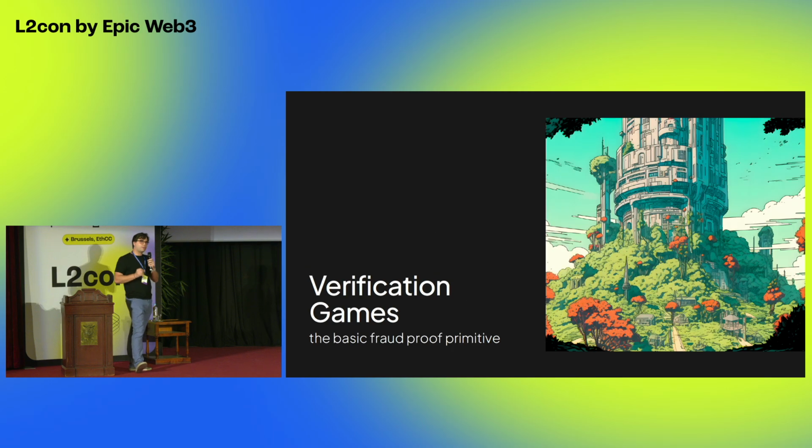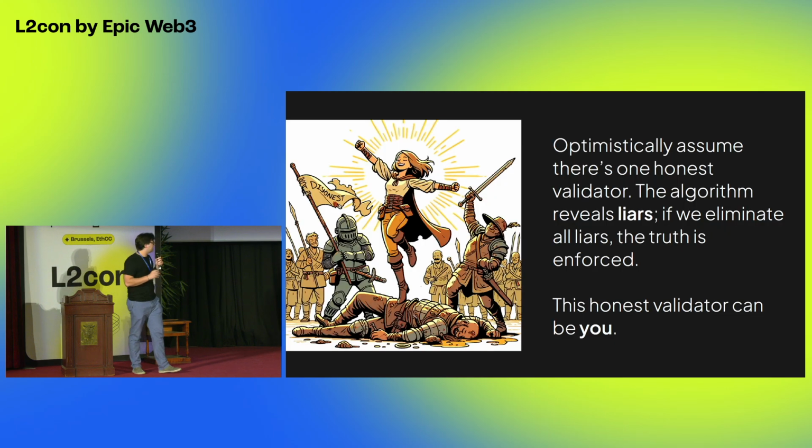So let's talk about the essential primitive, exactly how fraud proofs work. And if you learn anything today, learn this: fraud proofs don't find out the truth directly. They actually find out who's lying. So that's it. It finds out who's lying.